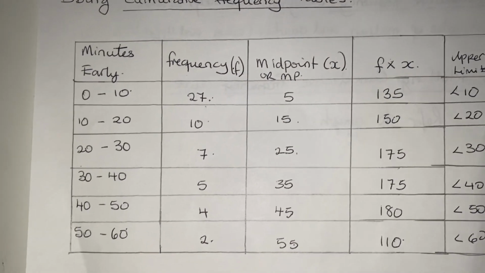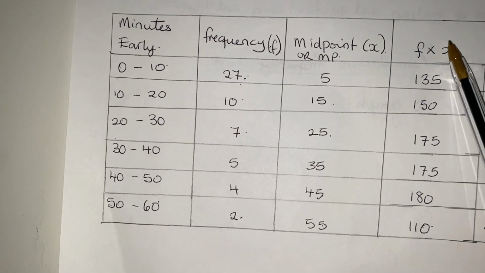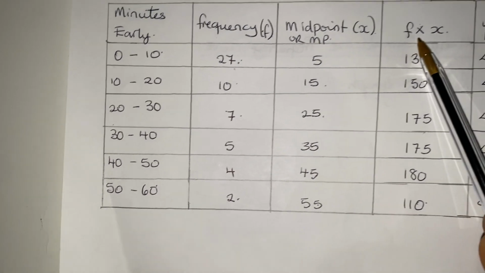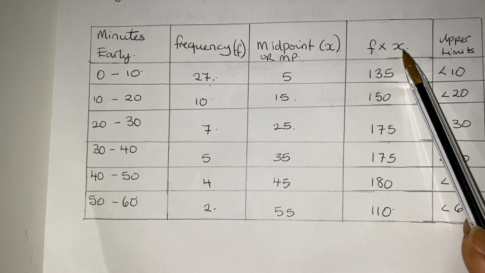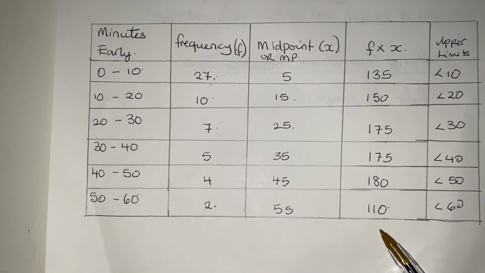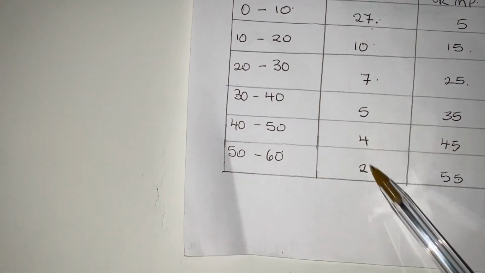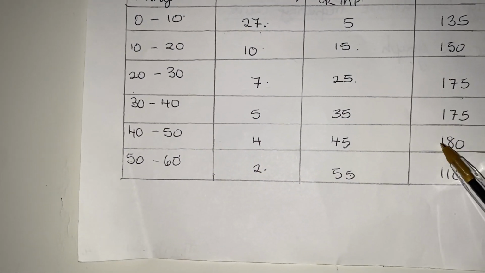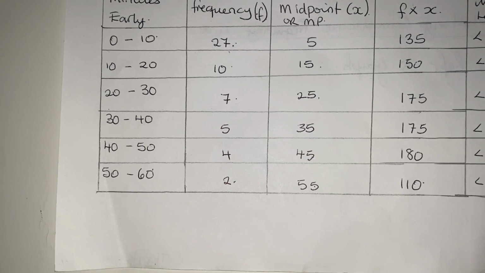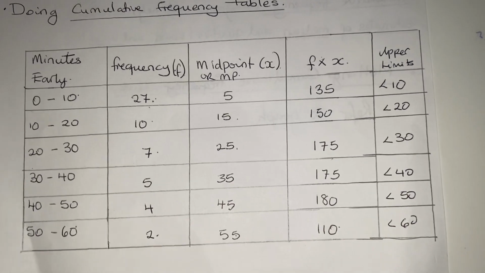Then you multiply your midpoint by your frequency and total the frequency times the midpoint. I've not done that. Then you divide the total of fx by the total of the frequency, sigma fx over sigma f, and that will give you the mean, which I'll do in a subsequent video.